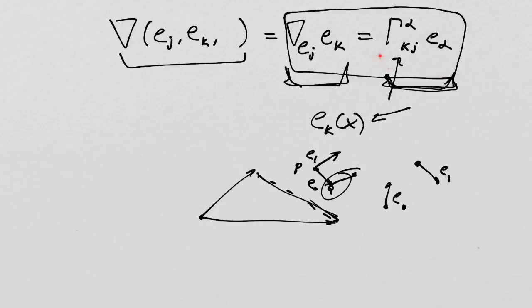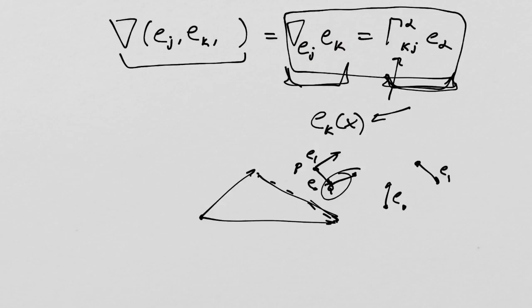This guy here is a vector that represents the change in the vector field of basis vectors in the direction of other basis vectors. And you generally use this symbol only when you're talking about the coordinate basis, by the way.